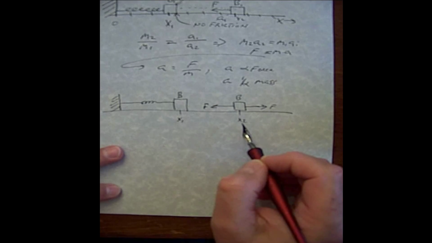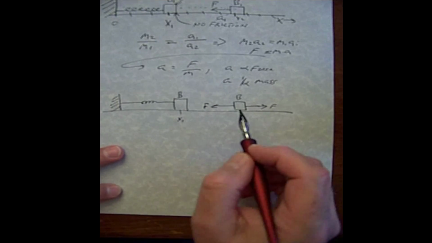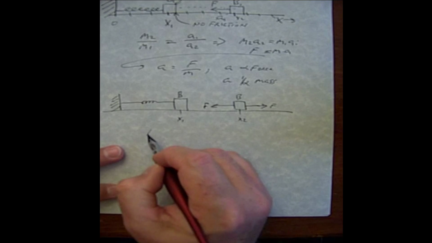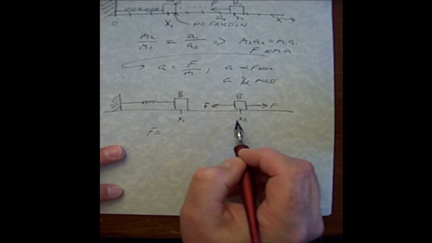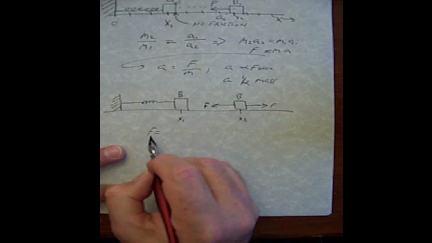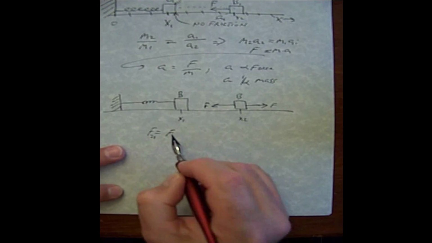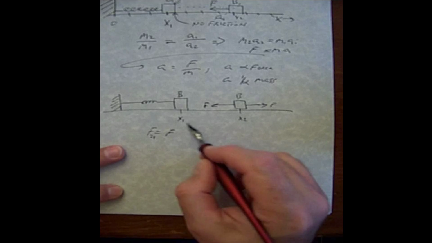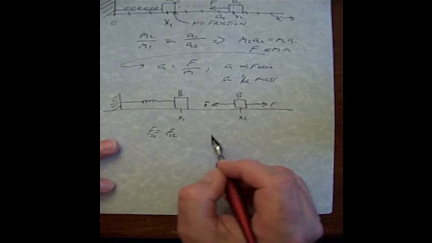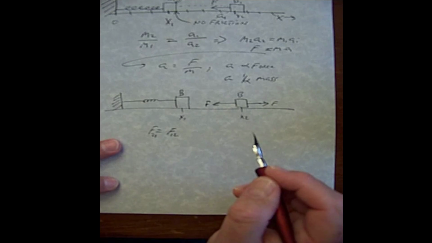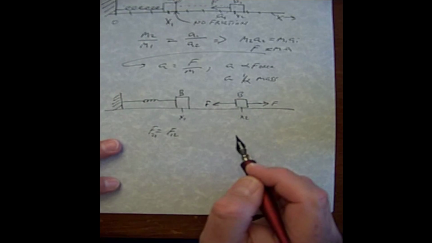So the way we can write that is that the force pulling from, let's say, x2 to x1 equals the force pulling from x1 to x2. That's just common sense and common experience.